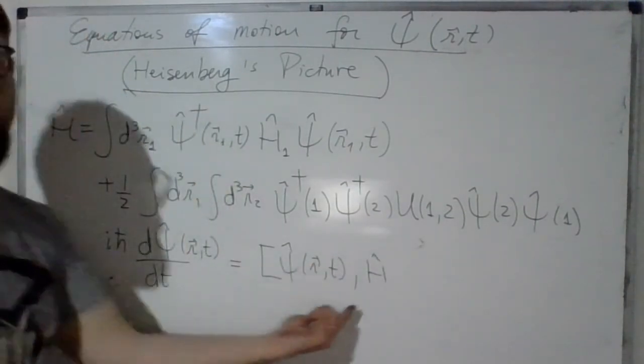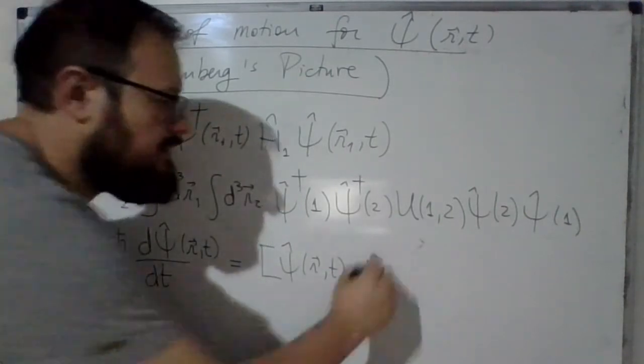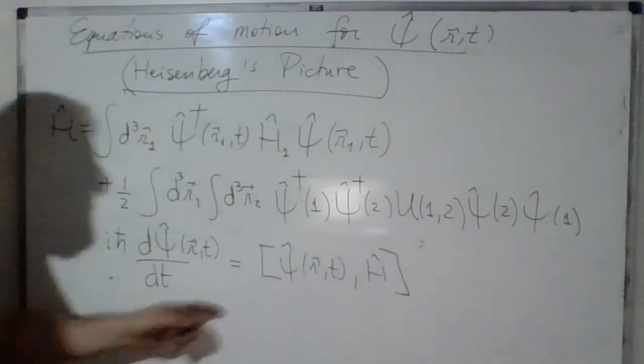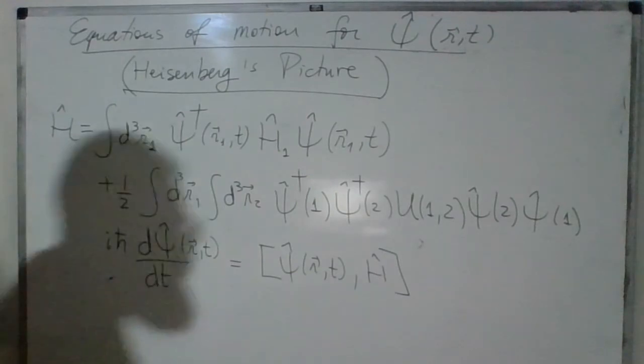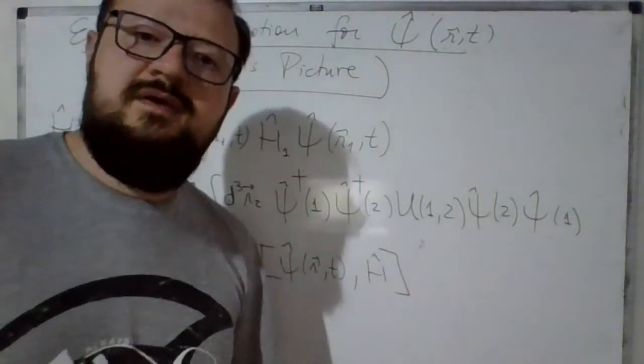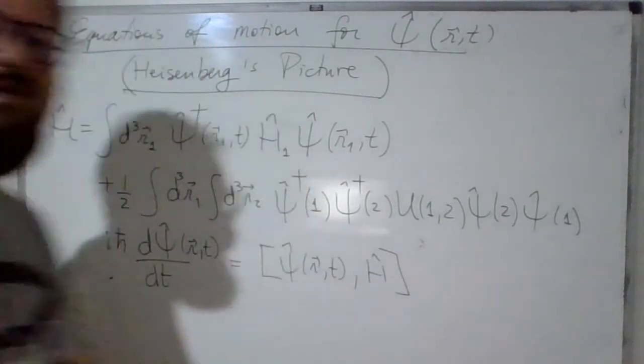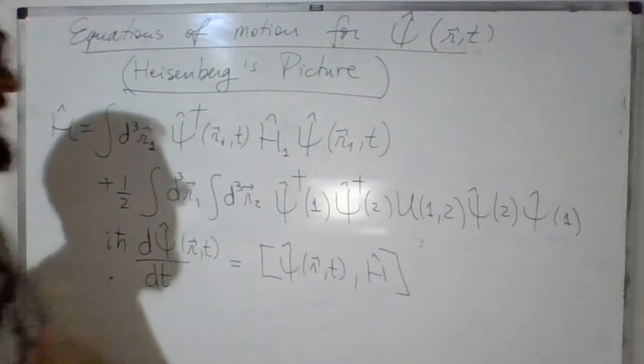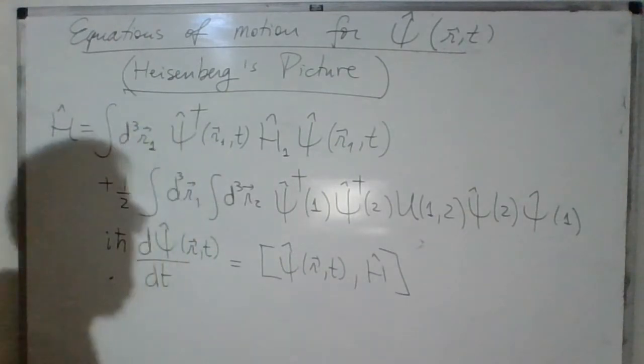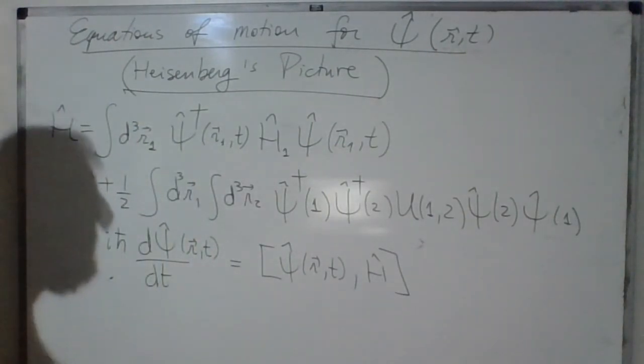What Hamiltonian? The second quantized Hamiltonian here. Okay, so this is the equation of motion. Of course, you can calculate that for the psi dagger, which is the transpose conjugated of this equation. It doesn't pose any major problem to do that.